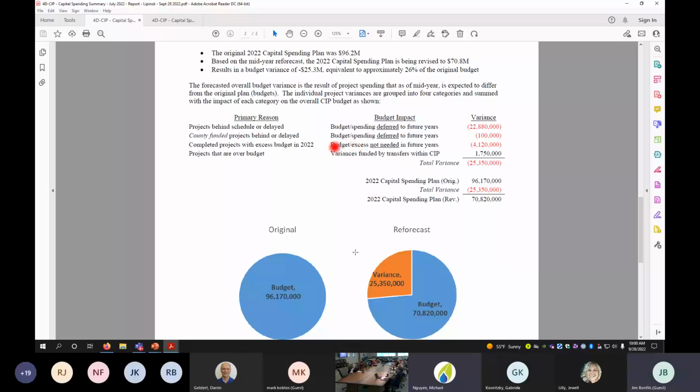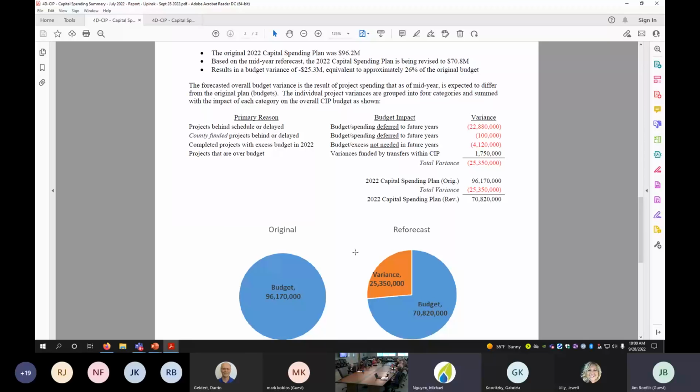It really is just breaking out projects where the county is funding those projects for us. So we try to treat those a little bit separately and keep an accounting of them. There's a small value there of projects where we're working on them and the county's going to pay us back for them and they're running a little bit behind schedule. The third item here is projects that have been completed with excess budget and therefore money that we do not need to push forward to future years.